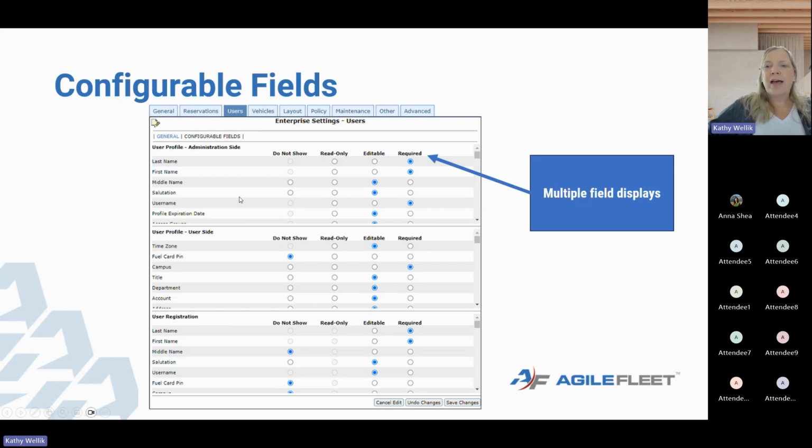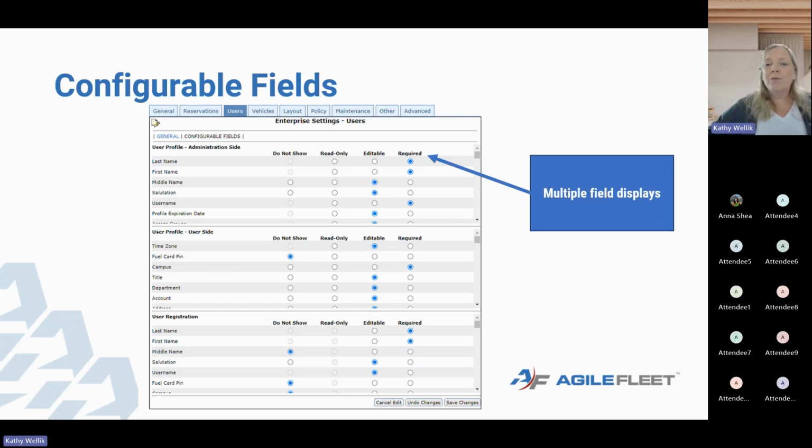The user profile on the admin side are the fields available on a profile that can be accessed by the admin side of FleetCommander users. The user profile on the user side, these are the fields available on a profile accessed on the user side under My Profile. And user registration, these are the fields that are asked in the Sign Up Now box.